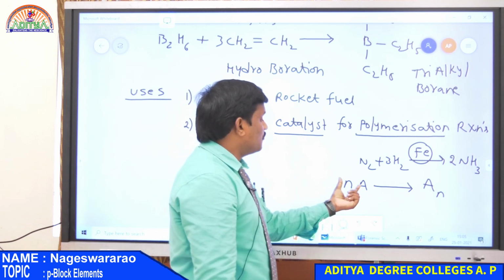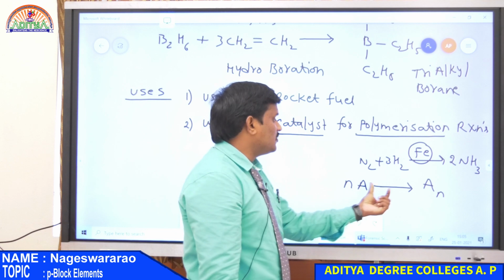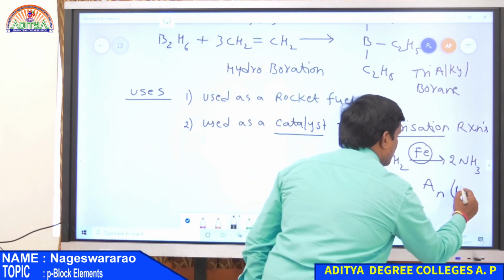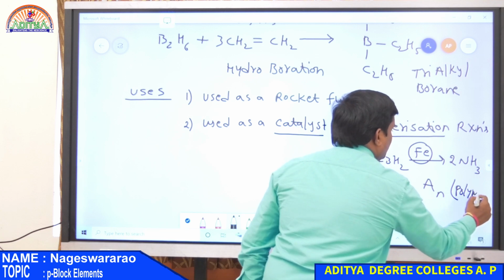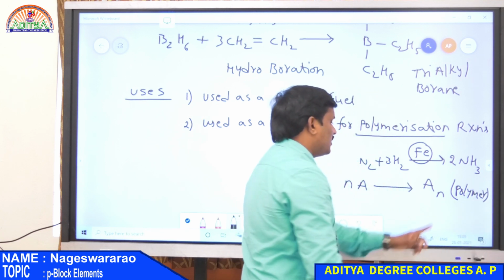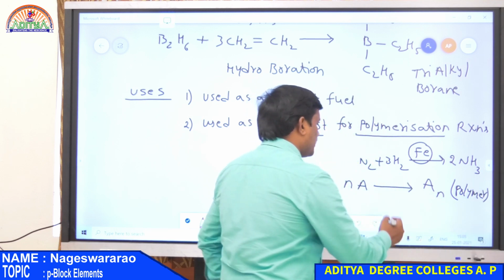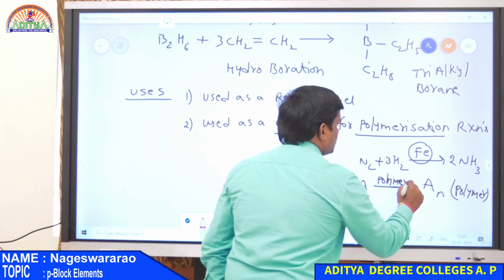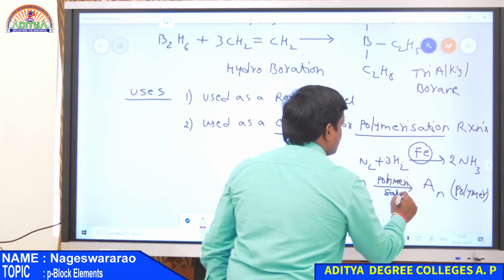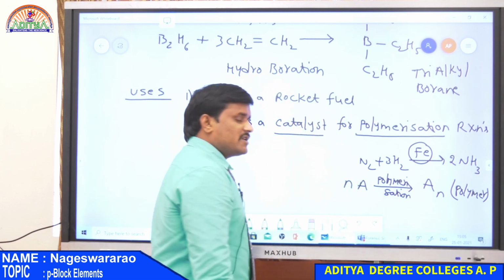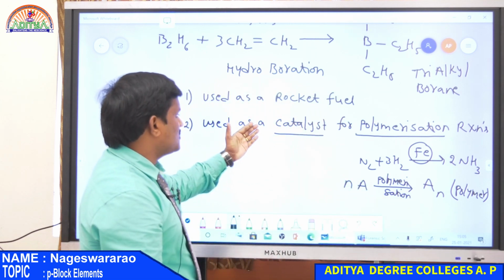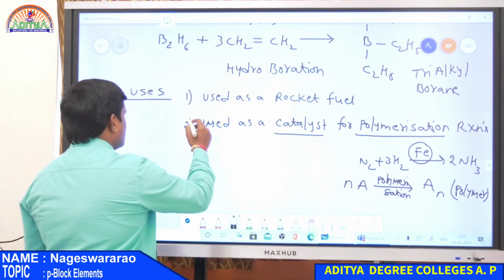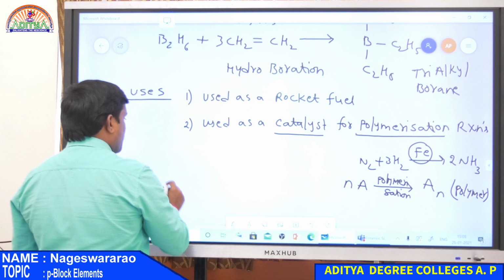So n number of monomers combine with each other to form a large molecule, that is a polymer. The process of formation of this polymer from monomer is known as polymerization. In these polymerization reactions, diborane is used as a catalyst. So this is the second use of diborane.